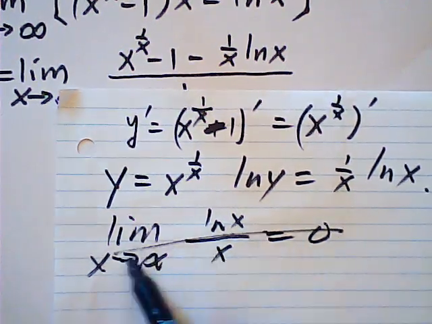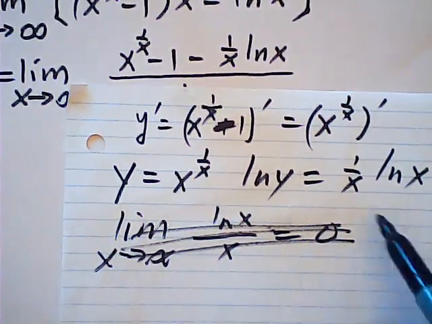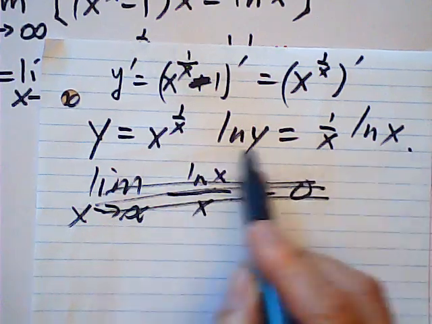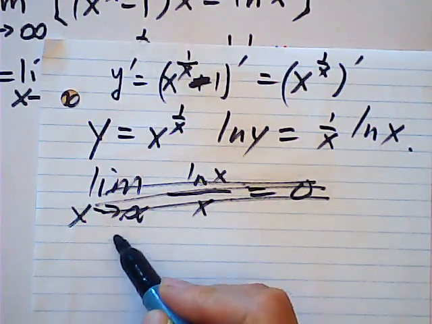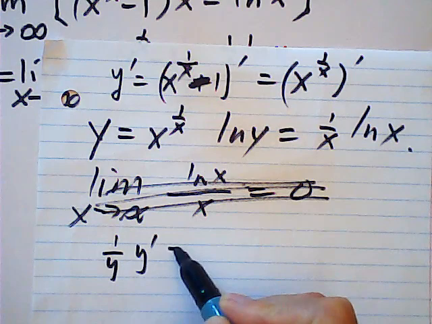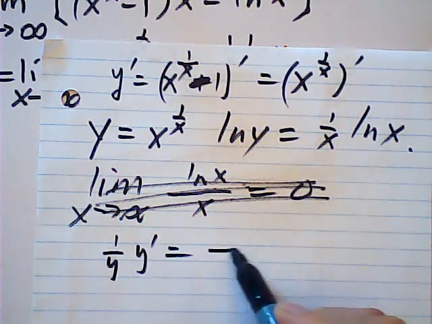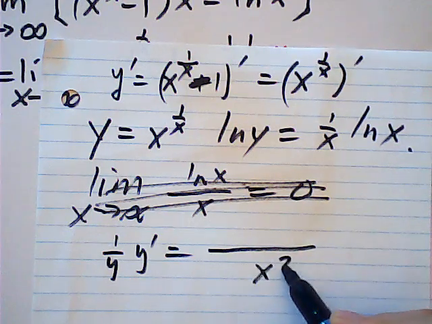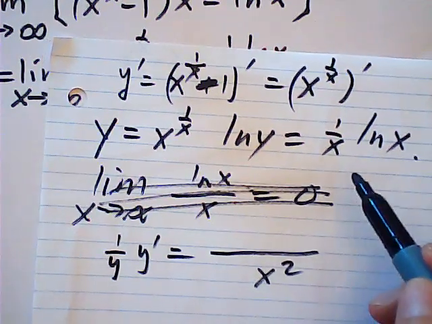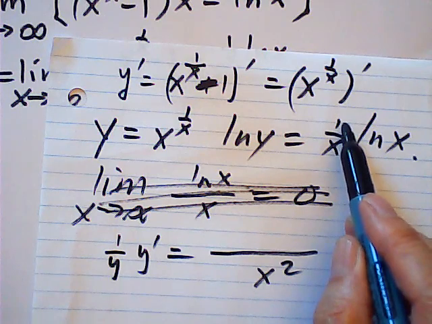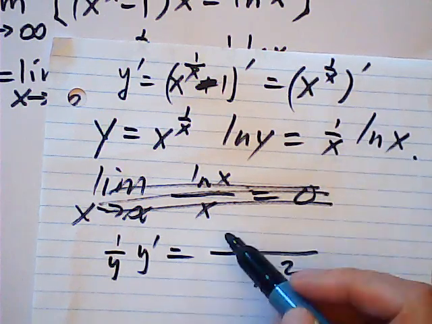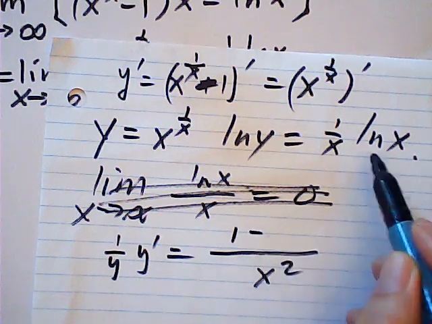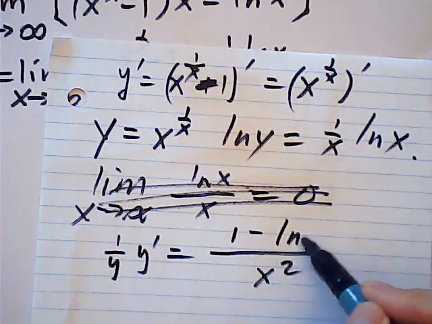Now we should take a derivative, right? Both sides' derivative. Therefore, 1 over y times y derivative equals this derivative. The derivative involves x squared, and this derivative times this one is 1, minus this derivative times this one is log x.